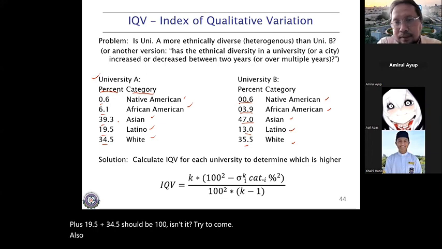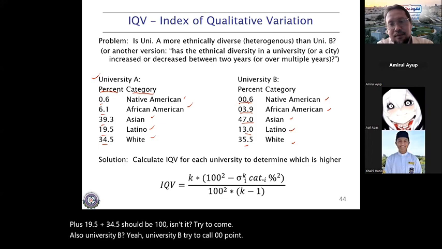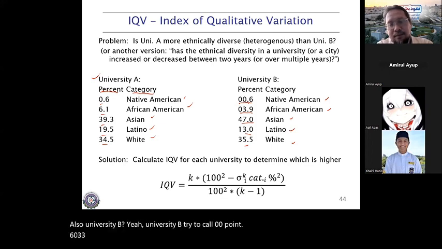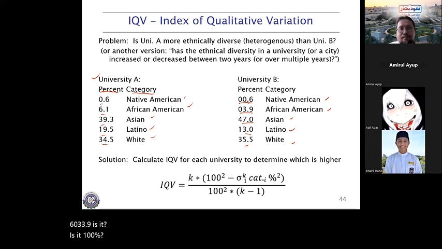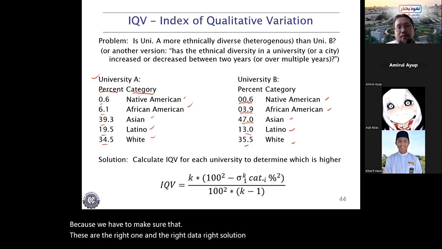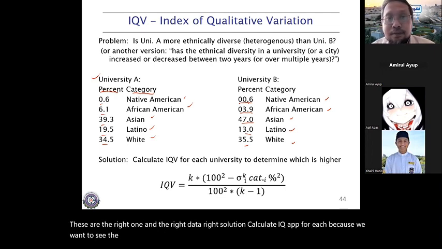Also University B, try to count: 100%? Yes, the same. Good. It means that is the right percentage, because we have to make sure that this is the right data.